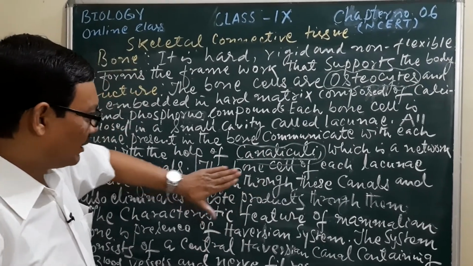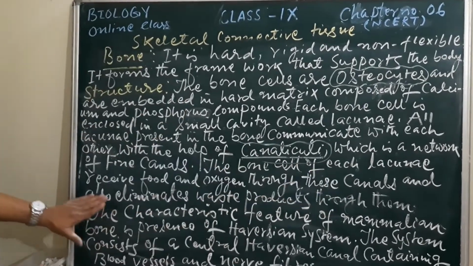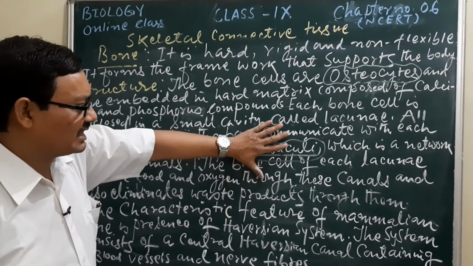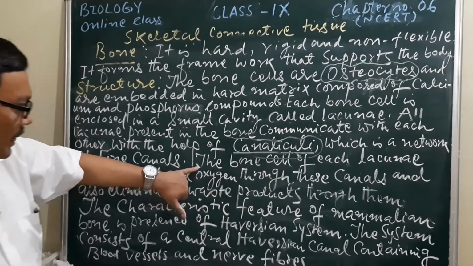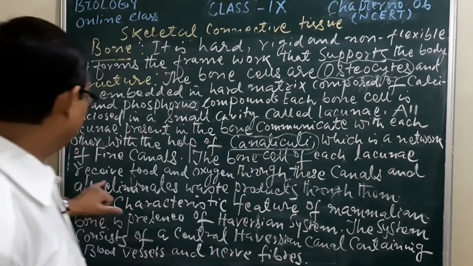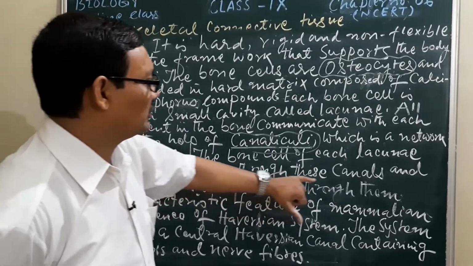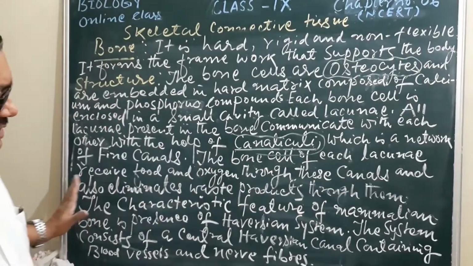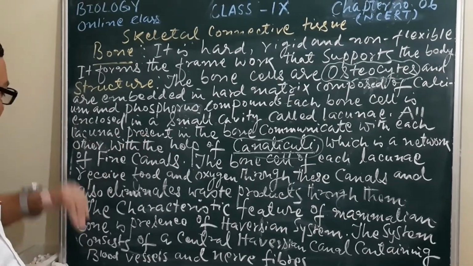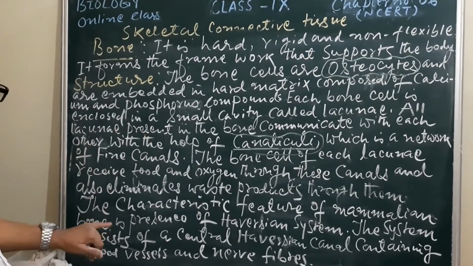Why is this canal there? For the transportation: the bone cell of each lacuna receives food and oxygen through these canals, and the waste materials are also eliminated by this canal system.